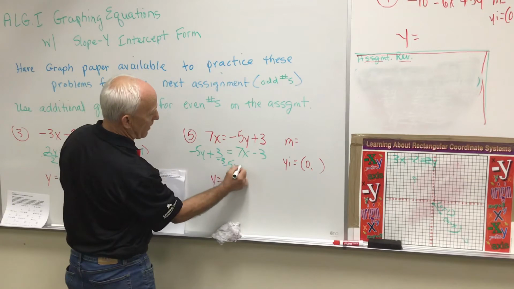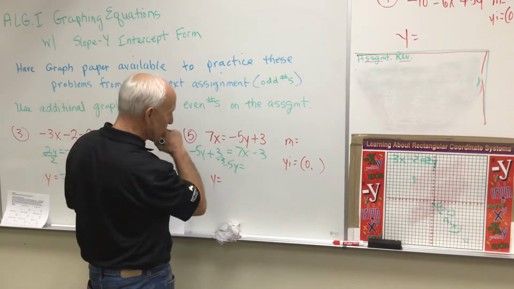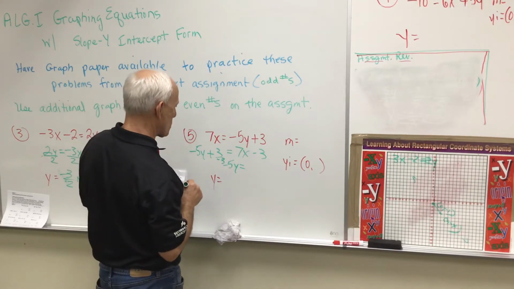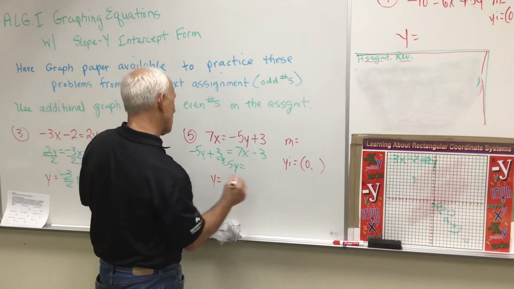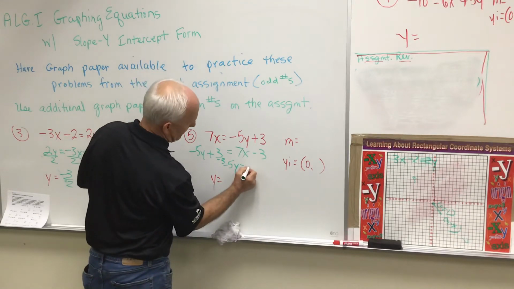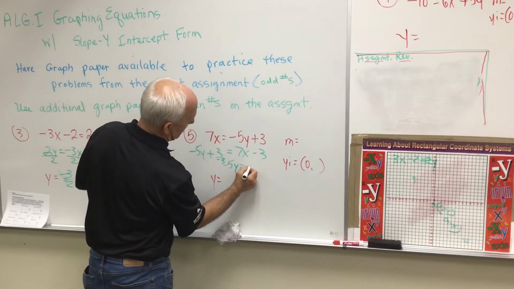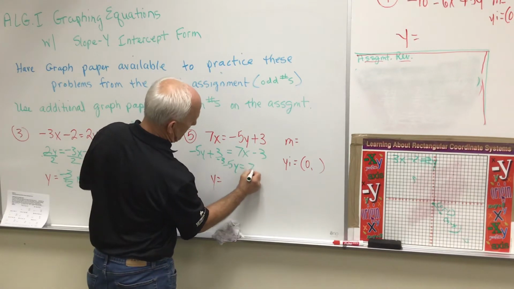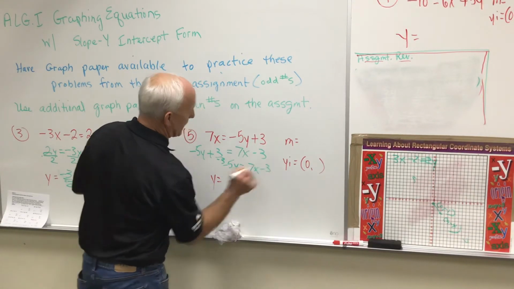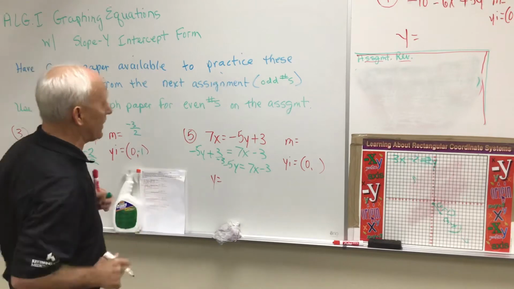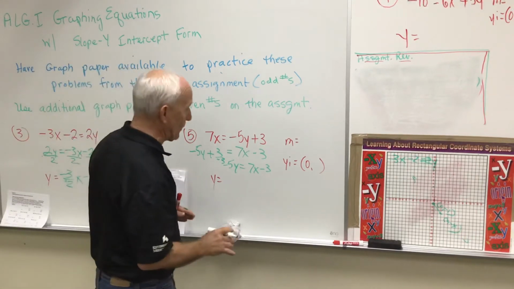Negative 5y equals 7x minus 3. Now, we're going to get an unusual y-intercept, but don't let this trick you.